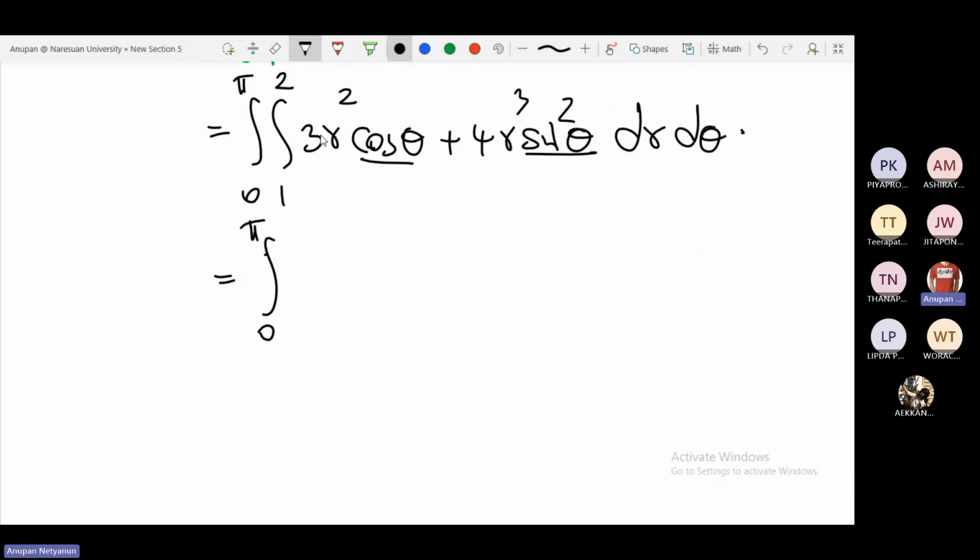Integrating r squared gives r cubed over 3, and the 3 cancels the 3, so you have r cubed.